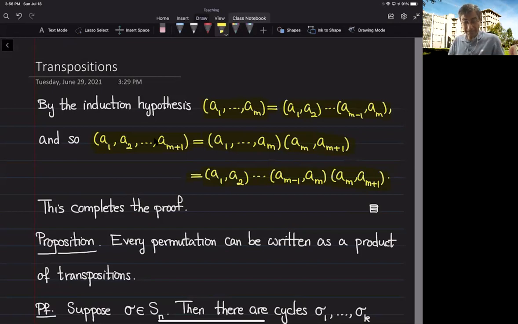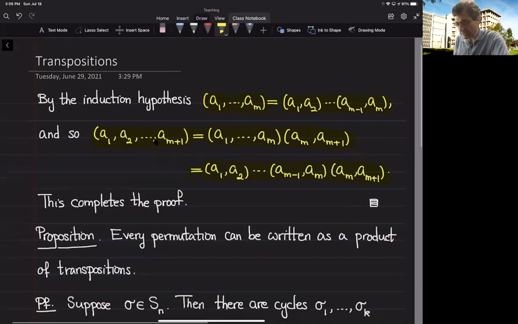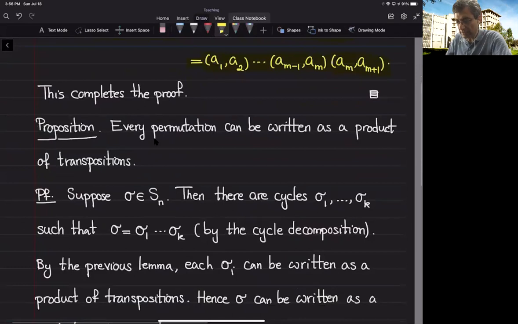So altogether, we get that every permutation can be written as a product of transpositions. So that takes us to the next proposition. Every permutation can be written as a product of transpositions.